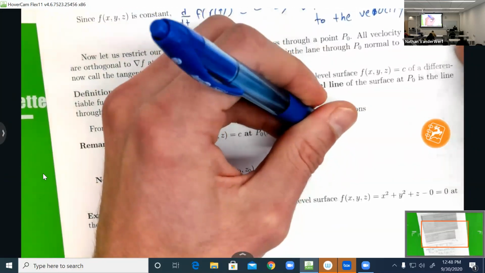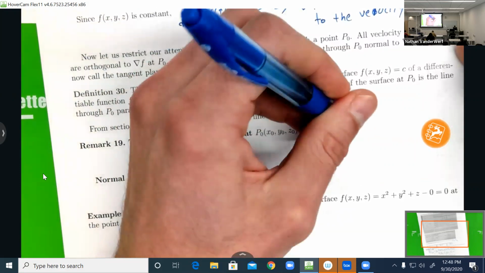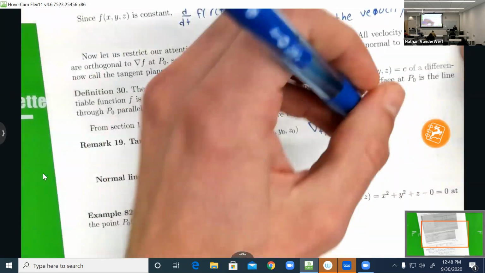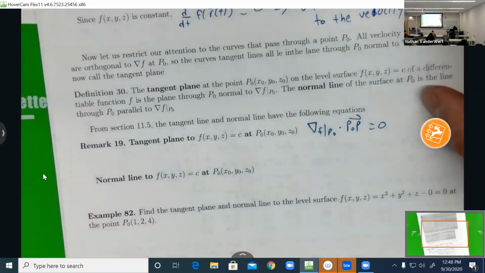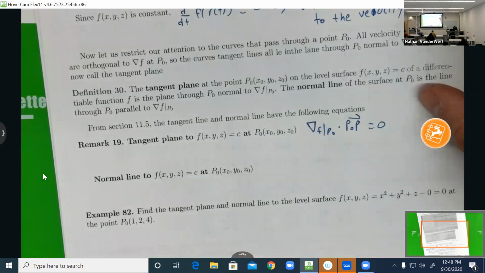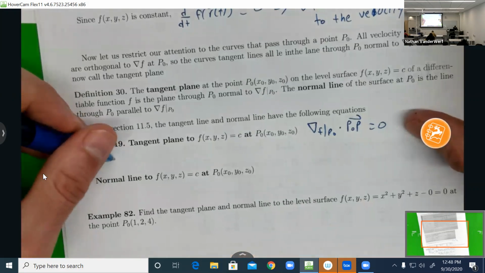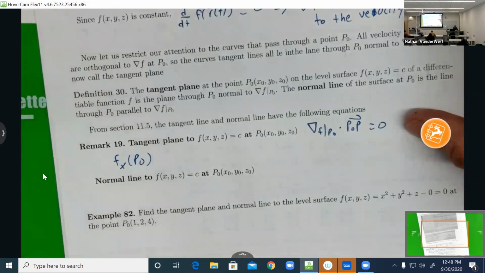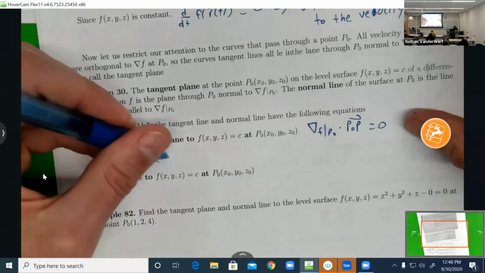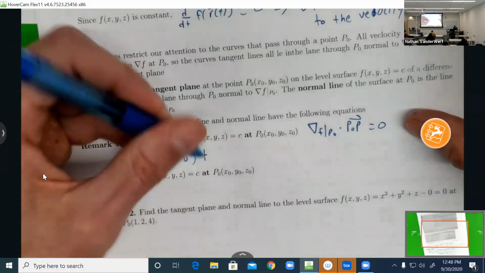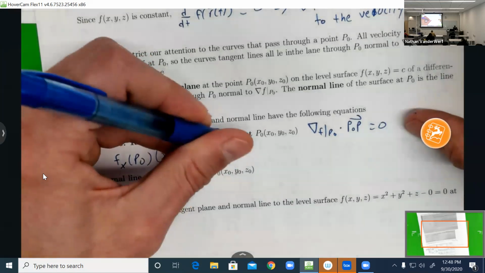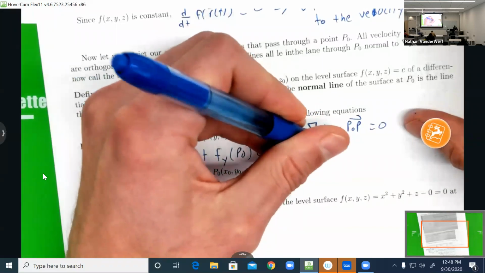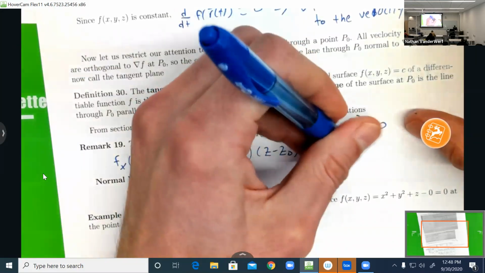So the tangent plane is going to be the gradient of f at P0 dotted with the vector P0P that we can form, equal to 0. Or maybe a better way to write this is fx at P0 times (x minus x0) plus fy at P0 times (y minus y0) plus fz at P0 times (z minus z0).